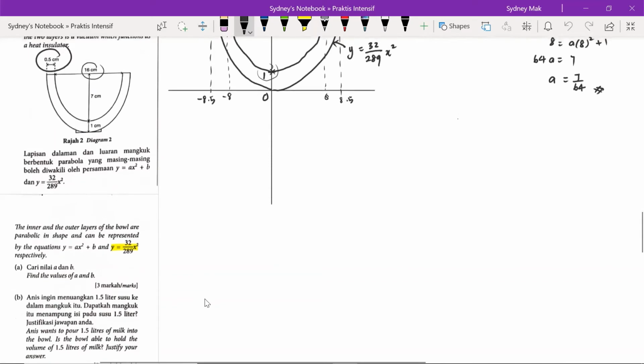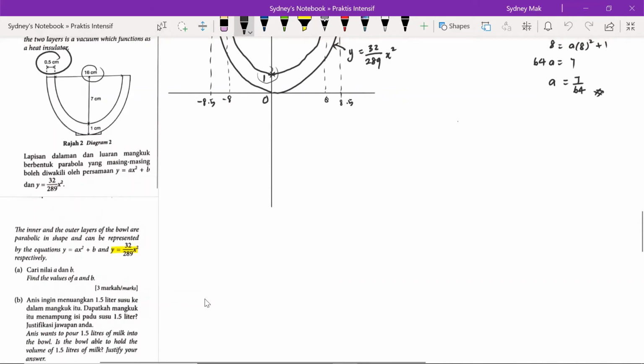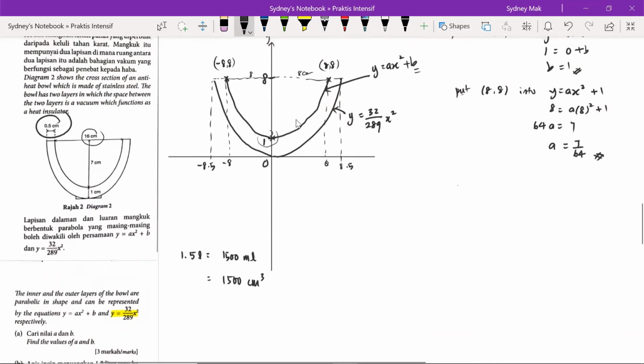So let's convert 1.5 liter into 1,500 milliliter. And we know that every 1 milliliter is equivalent to 1 cubic centimeter. Therefore, we have 1,500 cubic centimeter. To find the volume of the bowl, we have to take this shaded region and then revolve about the y-axis.